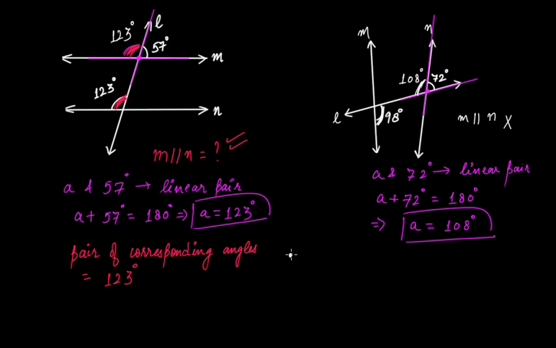First point is pair of corresponding angles should be equal. Those of you who don't know about this theoretical portion, please check my previous videos. We have discussed these things in depth.